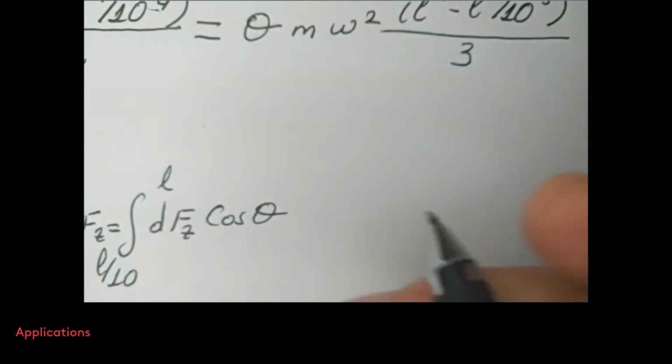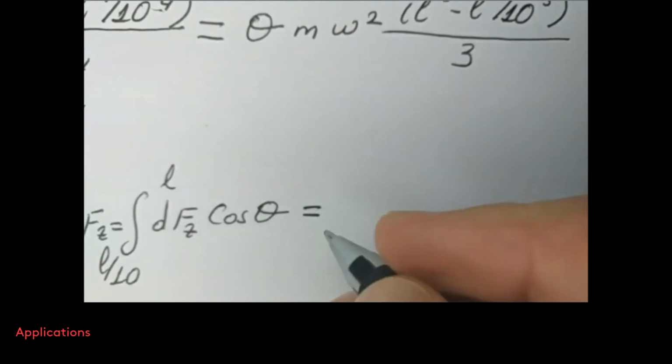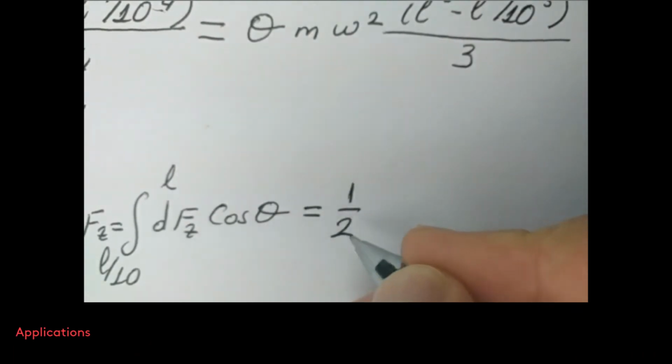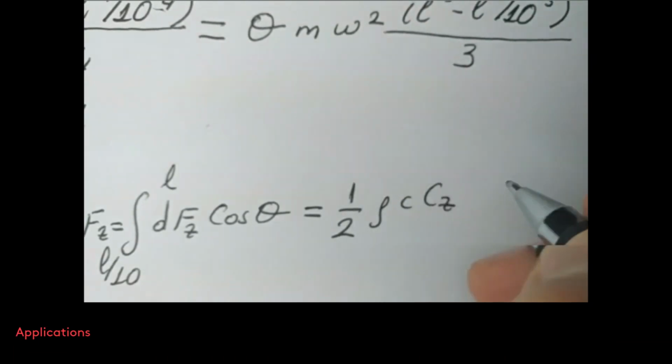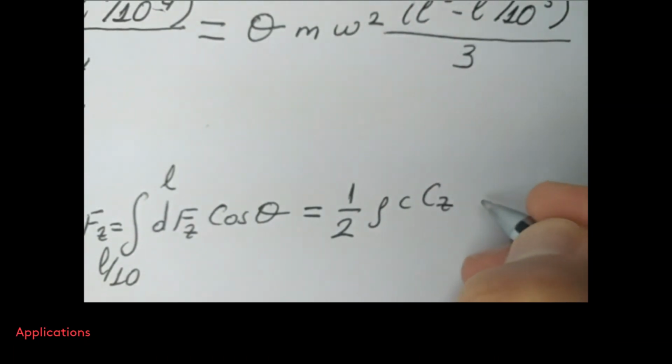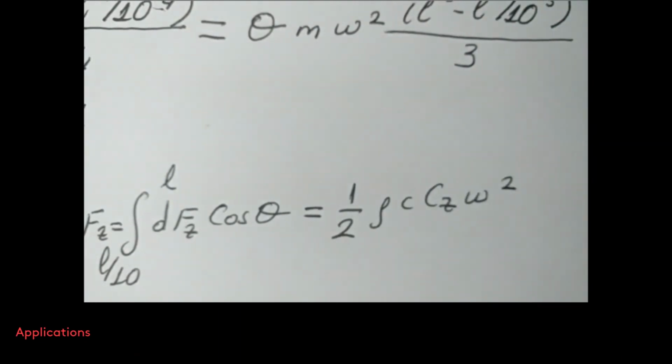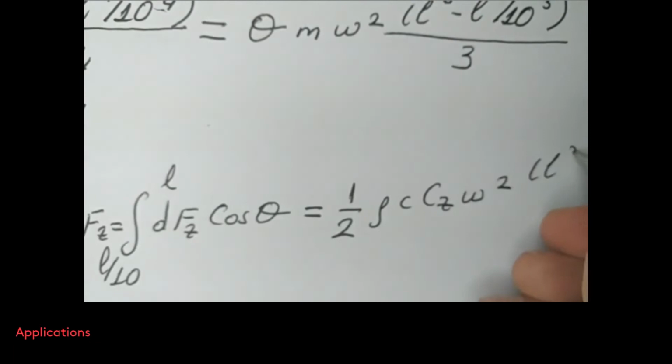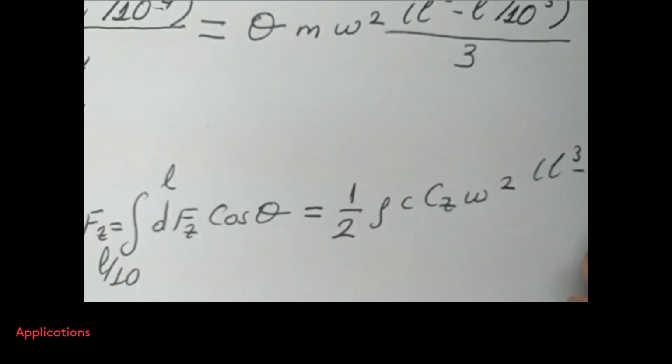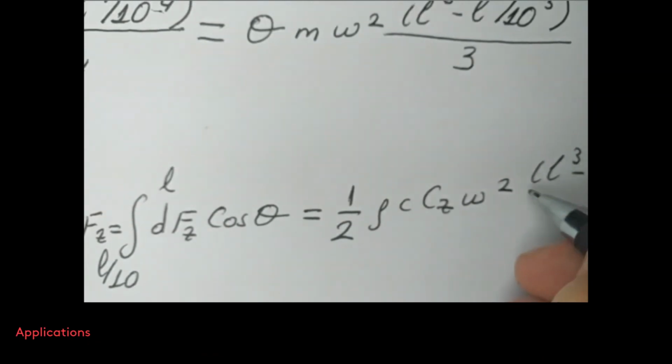Again, cosine theta can be assumed to be 1. We already derived the expression for dFz. From here we can calculate the net lifting force as 1 over 2 rho c Cz omega square, L cube minus L cube over 10 to the power 3, divided by 3.